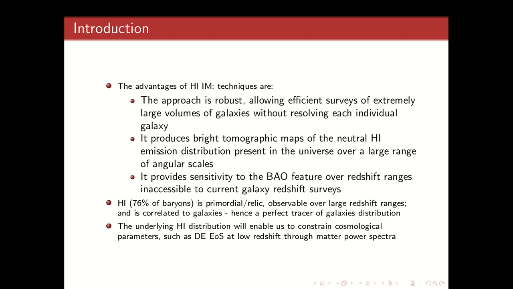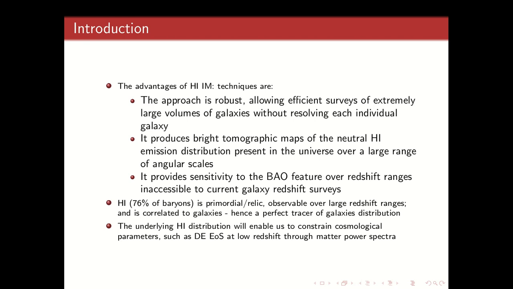But most importantly, HI intensity mapping sacrifices resolution and instead focuses on collecting neutral hydrogen signal distribution information over large patches of universe volume.